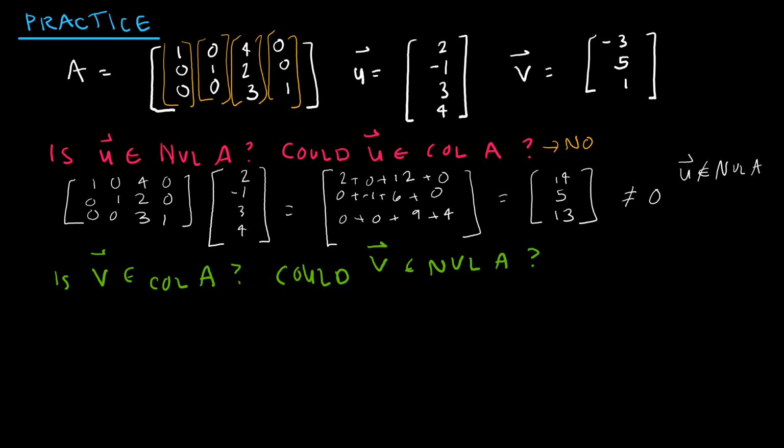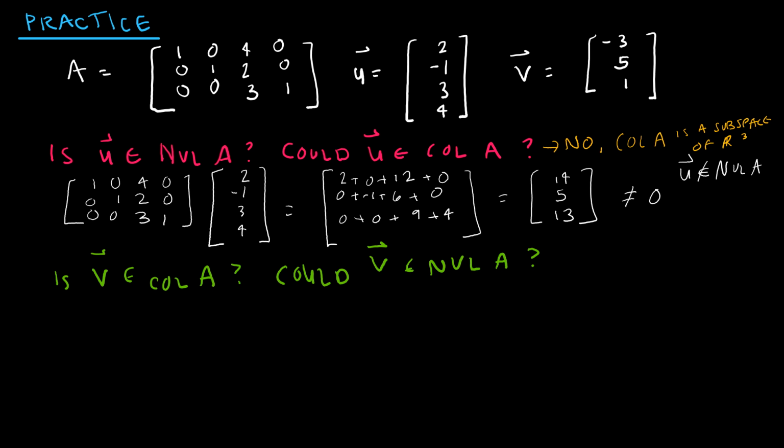Could U, which is in R4, be in the column space of A? No, because the column space of A is a subspace of R3.